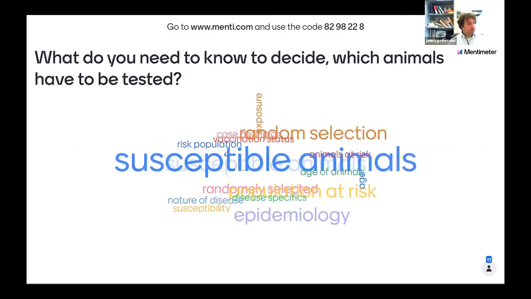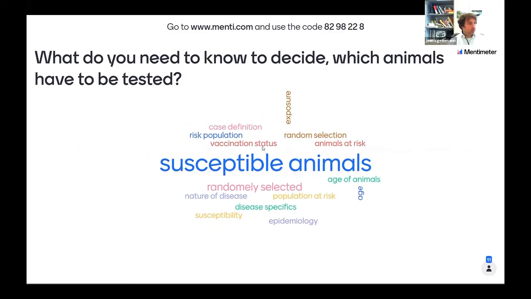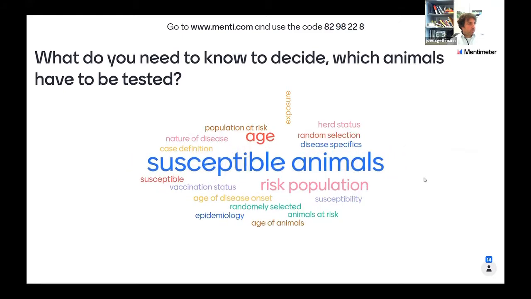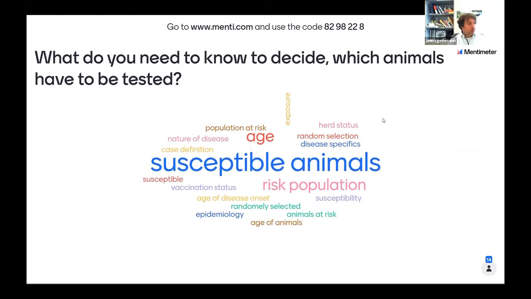Age of animals can be helpful in some diseases, and predominantly here is susceptible animals. You can summarize it: you need information about the disease and the epidemiology of the disease.